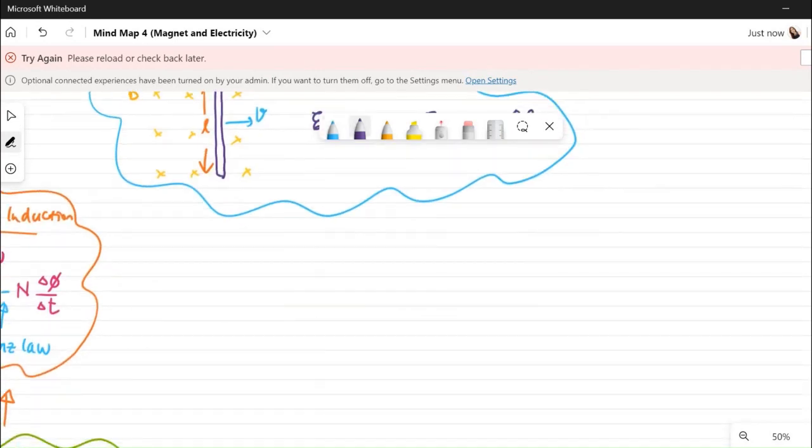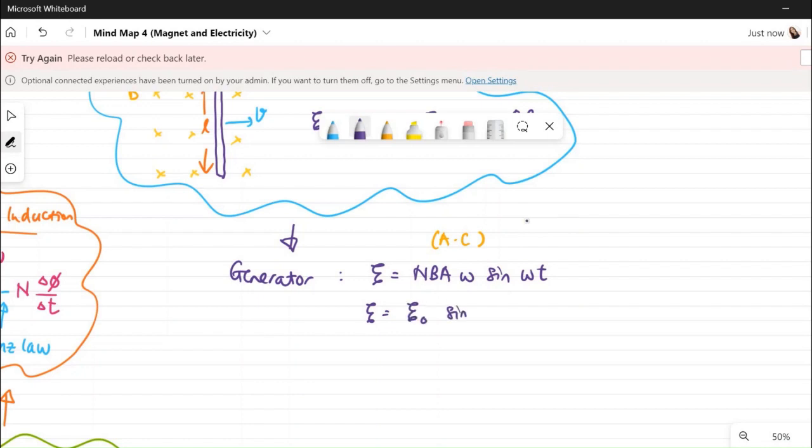We can apply this motional EMF in a device called a generator, right? In the concept of a generator, you can prove that the EMF induced in a generator is NBA omega sine omega t, which is in AC form, because it can be written as E equals E naught sine omega t.